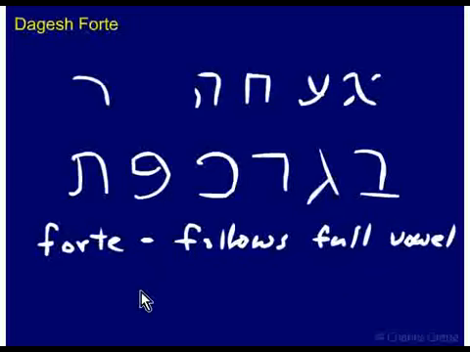And a Dagesh Lene, of course, runs off when it sees vowels. So that's your main distinctive feature. When you're trying to figure out whether it is a Dagesh Lene or a Dagesh Forte, look before the consonant that has the Dagesh in it and see if you see a vowel or not.